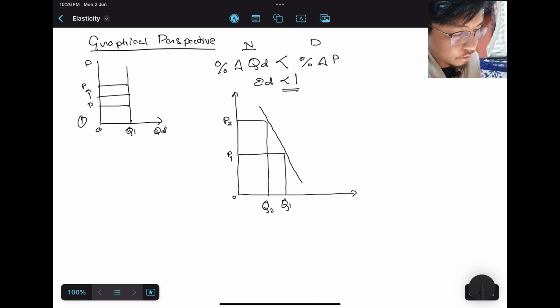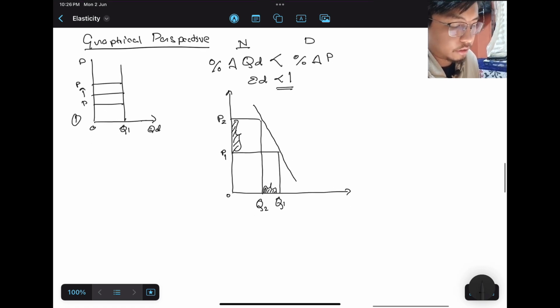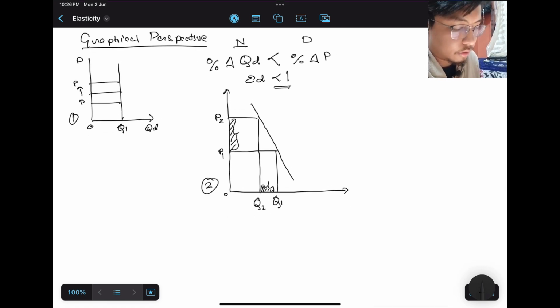Now look at this. This is obviously larger than this, right? This is larger than this as compared to this, right? That is why the inelastic demand curve will be not vertical, but the slope will be steep. It will be very steep.